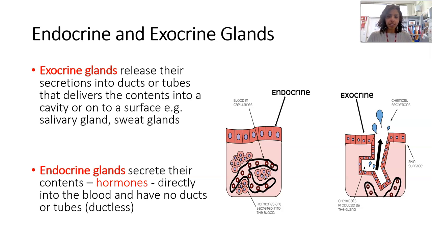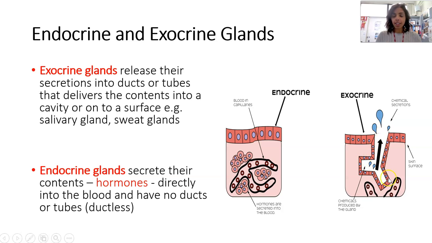Alright, so also on the same page, I think, or the page before or after in your booklet, we're asked to look at the difference between an endocrine and an exocrine gland. So if we look at this diagram on the right-hand side, it's fairly obvious that they are structurally different. Exocrine glands are glands that secrete or give out secretions of some description.